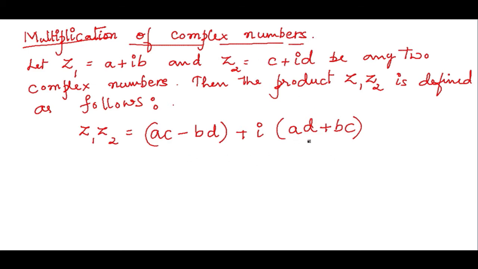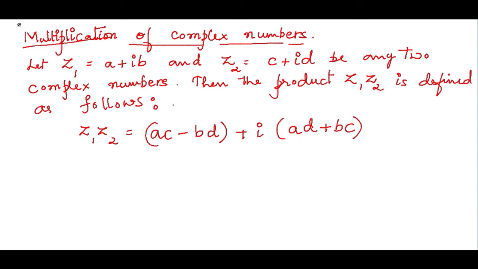So this you can remember. This is the standard result for the multiplication of two complex numbers. Let us see some examples, and later I will tell you one more method for calculating the product of two complex numbers. Let us use one example for the calculation using this standard result.